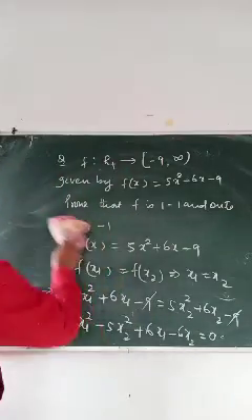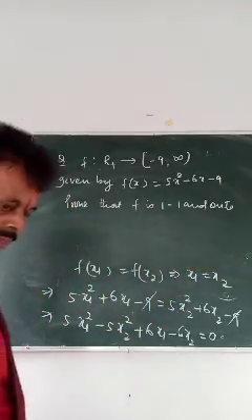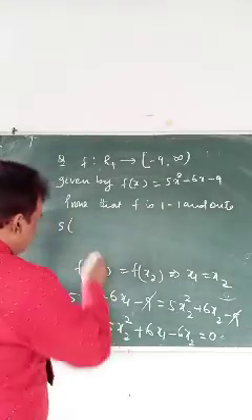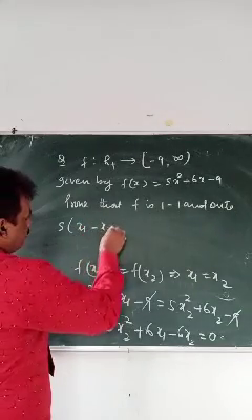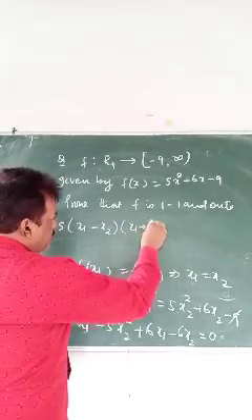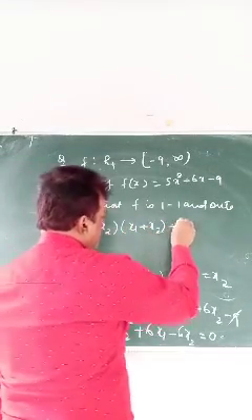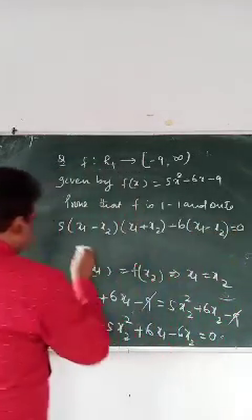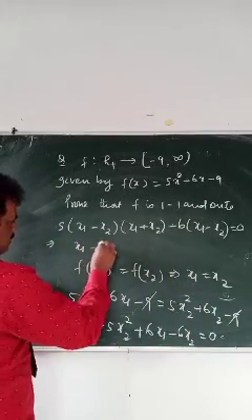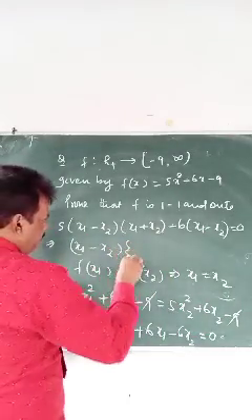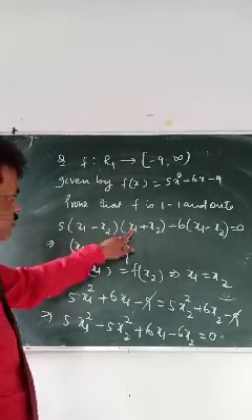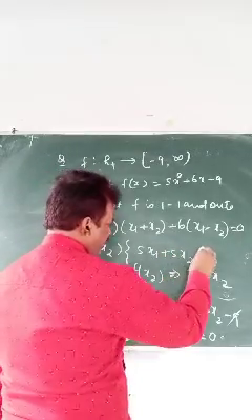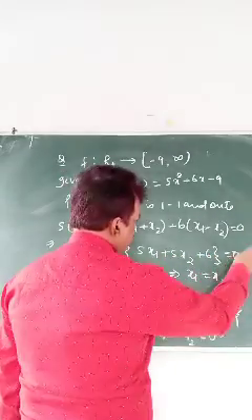If you take common, if you factorize it, you will get 5 times x1 minus x2 times x1 plus x2, plus 6 common, x1 minus x2 equals 0. This implies x1 minus x2 common, 5x1 plus 5x2 plus 6 equals 0.